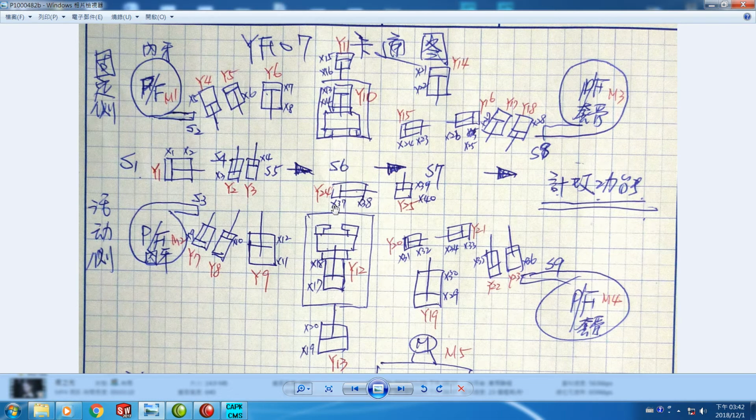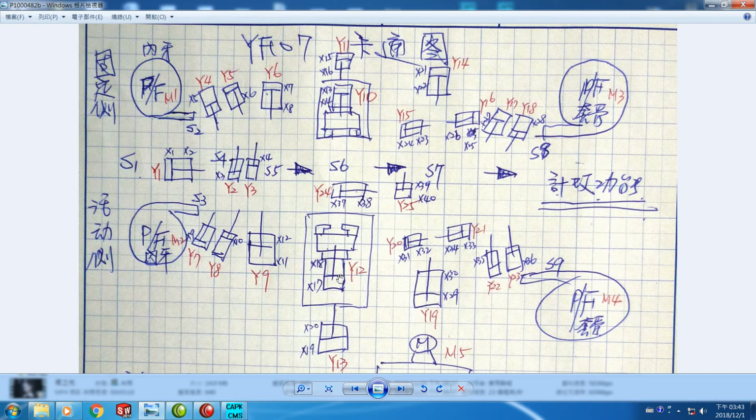S6 is the same as well. Whenever S6 senses a material here, Y11 and Y13 will push the binding mechanism from both sides to the center and touch the end center sensors S16 and S20.